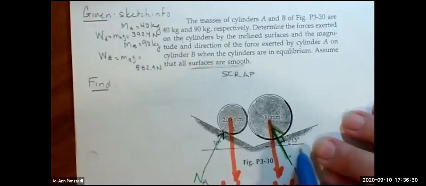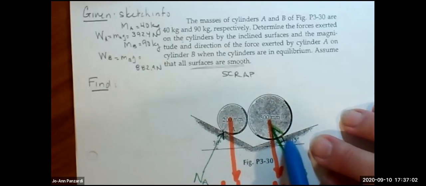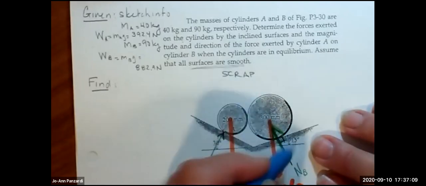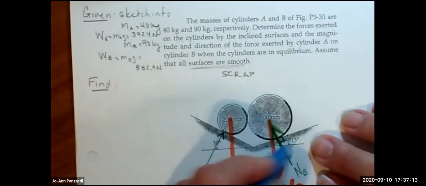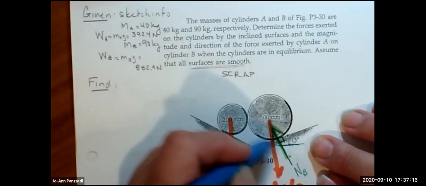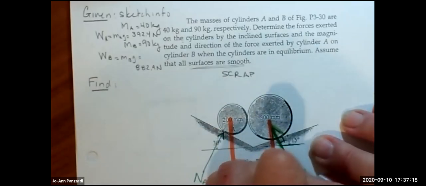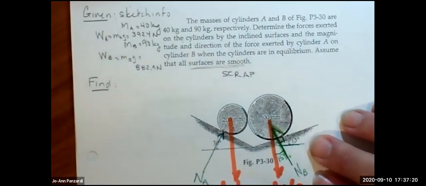The 15 degrees, I mentioned this the other day, is between the surface and the x-axis, the horizontal. In geometry, two lines that are perpendicular to these two lines hold the same 15 degrees. So if the normal is drawn perpendicular to the surface, what's perpendicular to the horizontal? The vertical. So this is where the 15 degrees is.